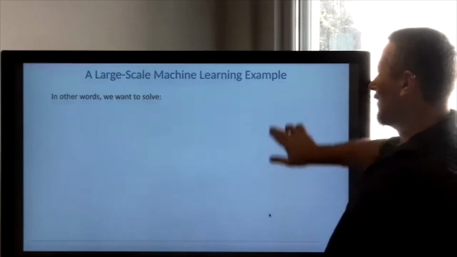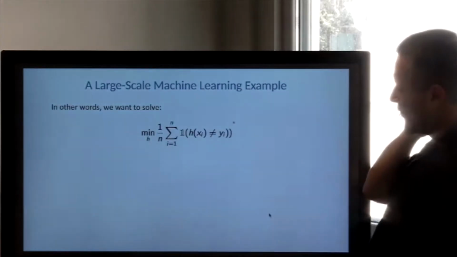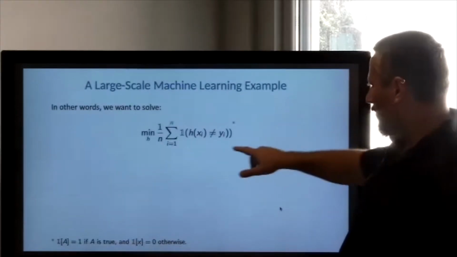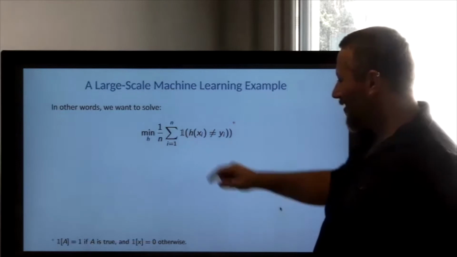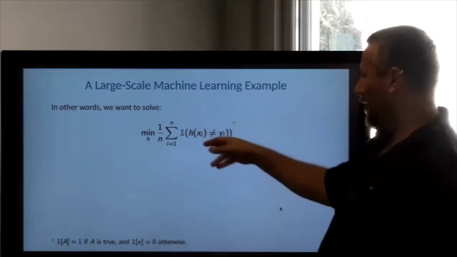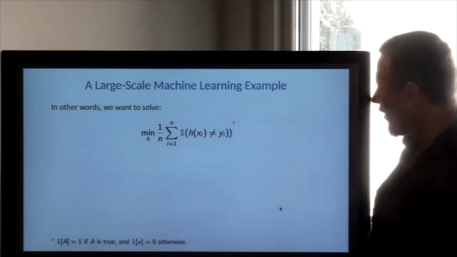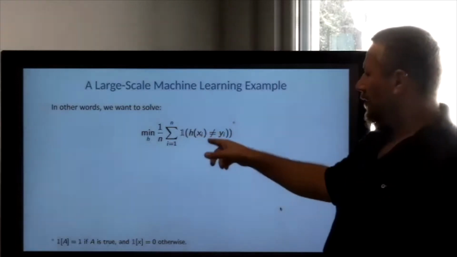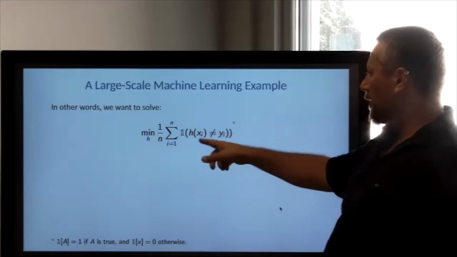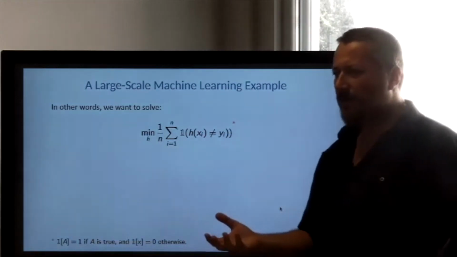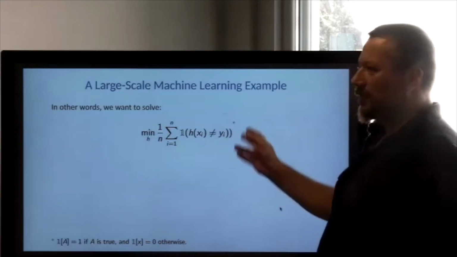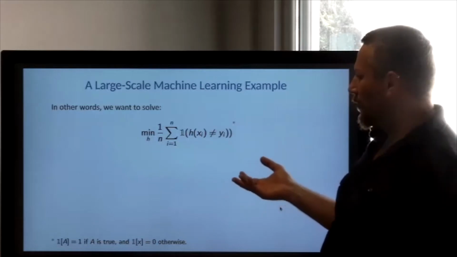So basically what we want to do is an optimization problem. This fancy 1 is a function which outputs 1 if whatever inside it is true, and it outputs 0 otherwise. And we look at the average of the sum, where this takes 1 whenever our output h of xi does not equal the real correct output yi, and we count the number of those and average them.